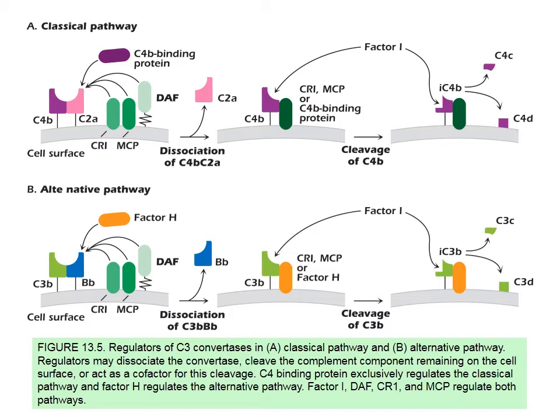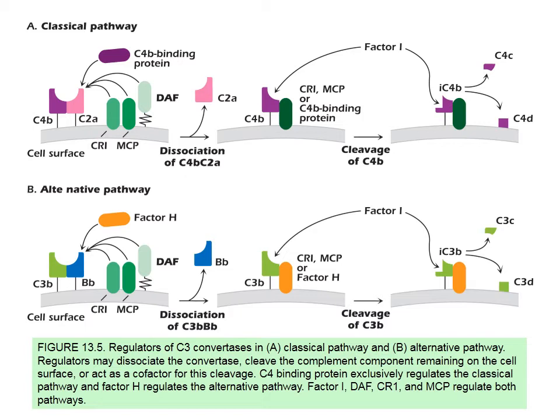All those cleavages of A and B can be stopped by these particular cofactors that are required for cleavage. For example, there is C4 binding protein that exclusively regulates the classical pathway and factor H that regulates the alternate pathway, and then a bunch of factors that we discussed earlier, factor I, DAF, CR1, MCP, regulate both.